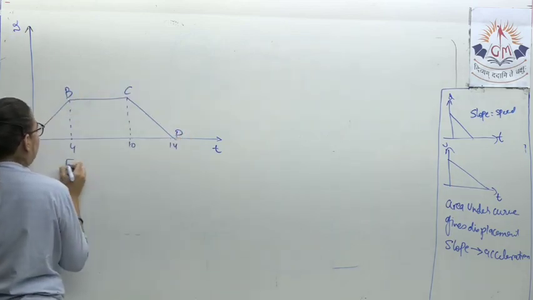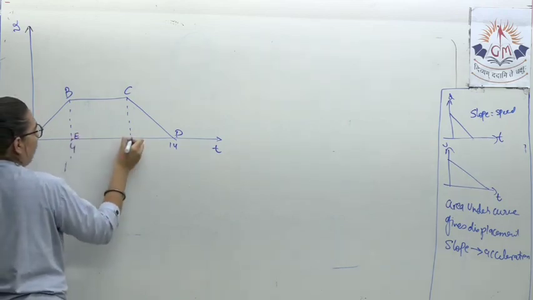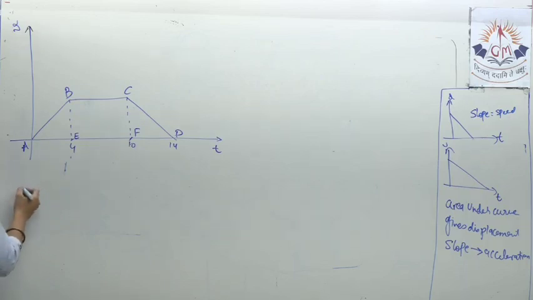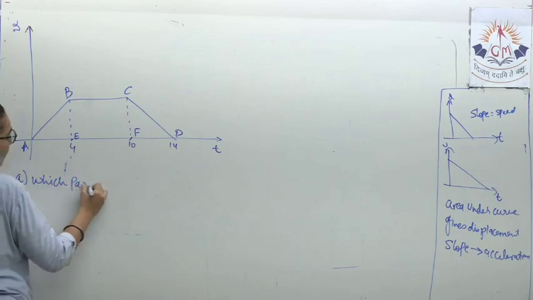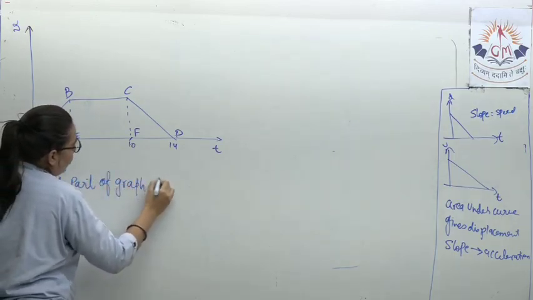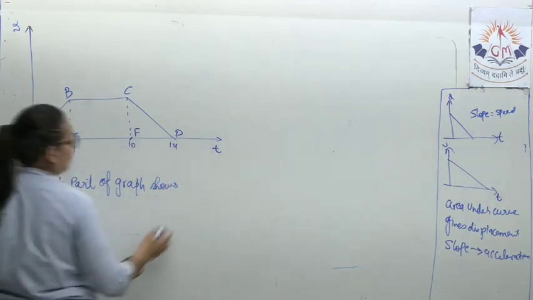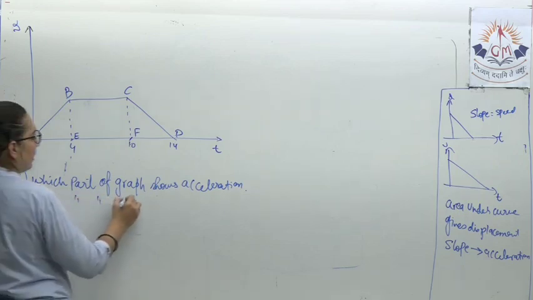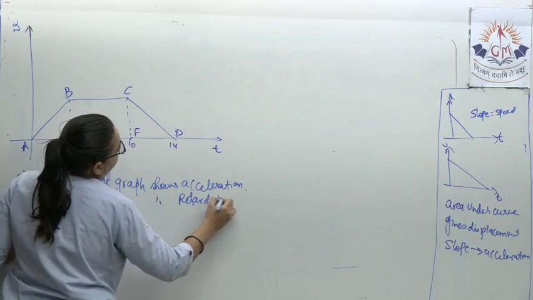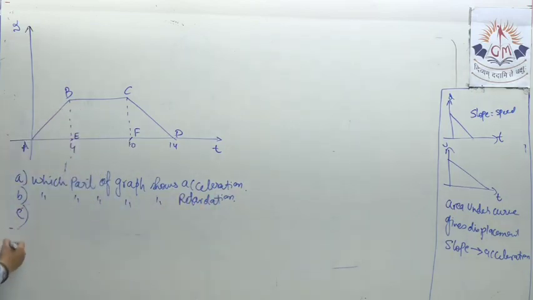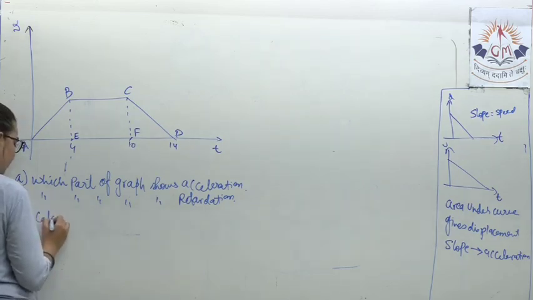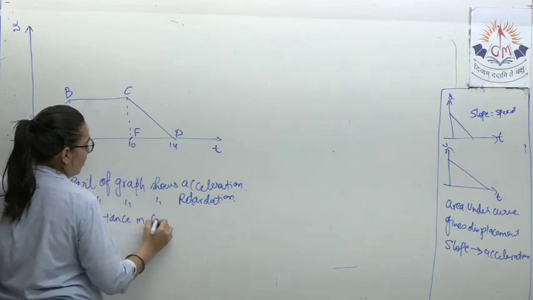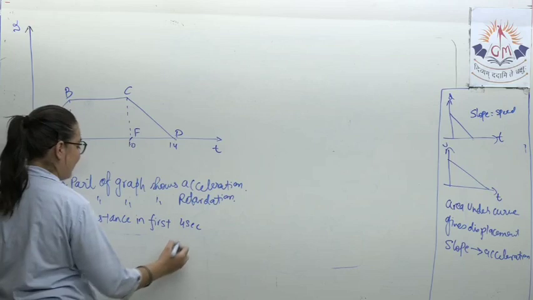Let's name the points A, B, C, D, and this point E and F. The question asked is: which part of the graph shows acceleration, next, which part of the graph shows retardation, third, calculate the displacement or distance in the first 4 seconds and in the first 10 seconds.